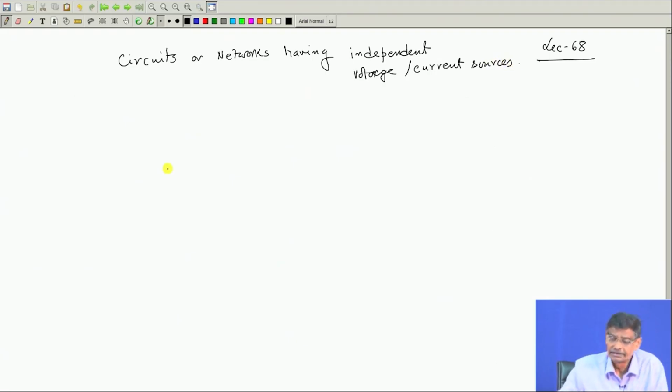That is, any source present is independent. What do I mean by this term independent?